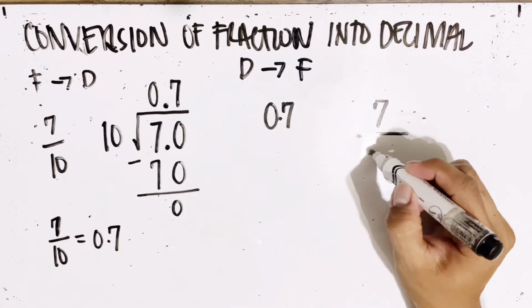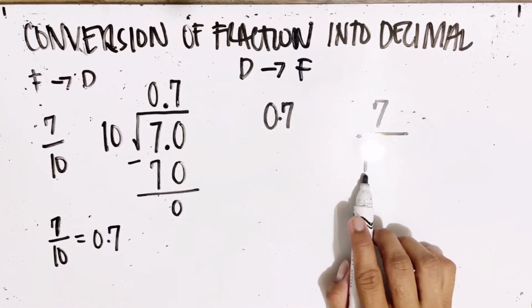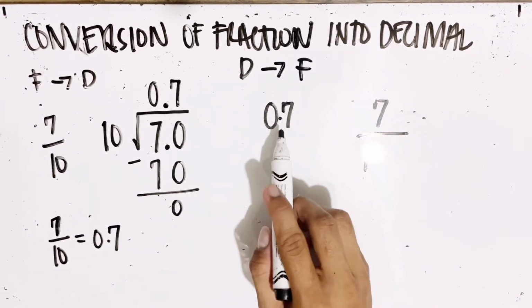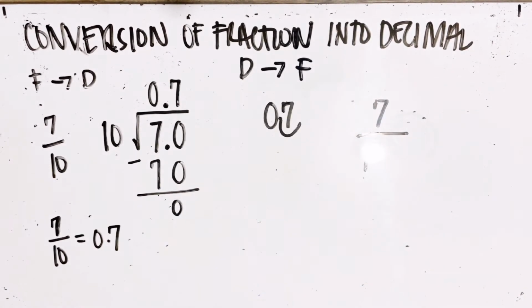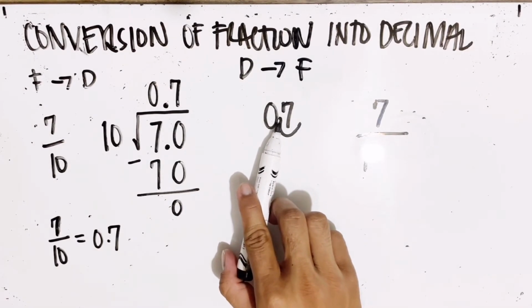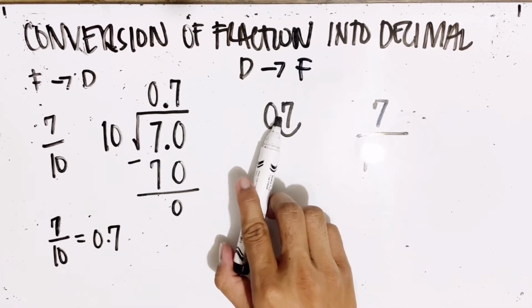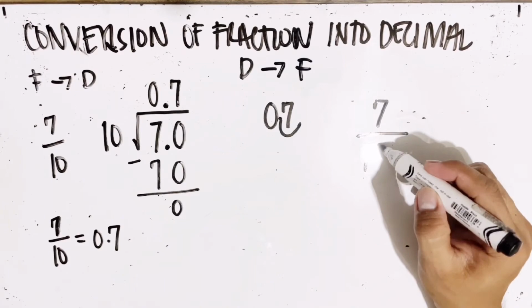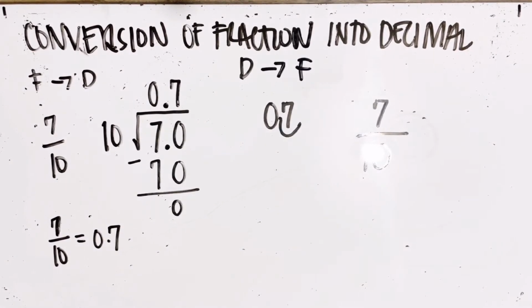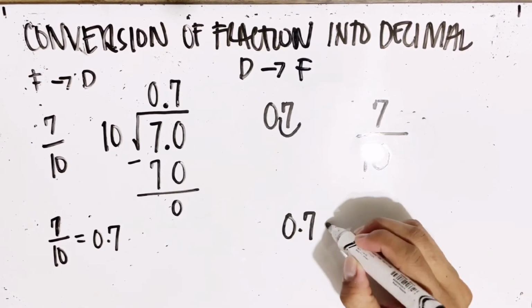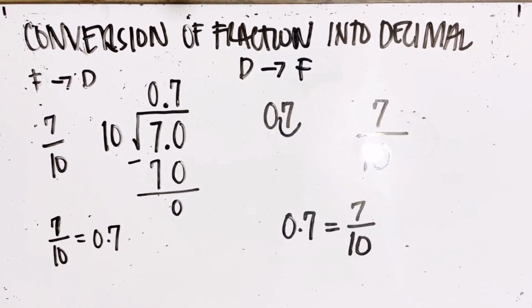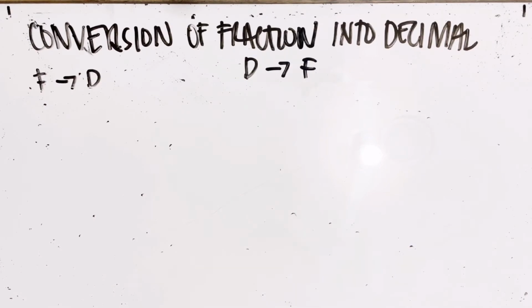Next, place 1 in the denominator, and then place 0 according to the number of jumps from the decimal point to the rightmost part. So the number of jumps is 1 only. So the number of zeros in the denominator is 1. So we have 7/10. So 0.7 is equal to 7/10.